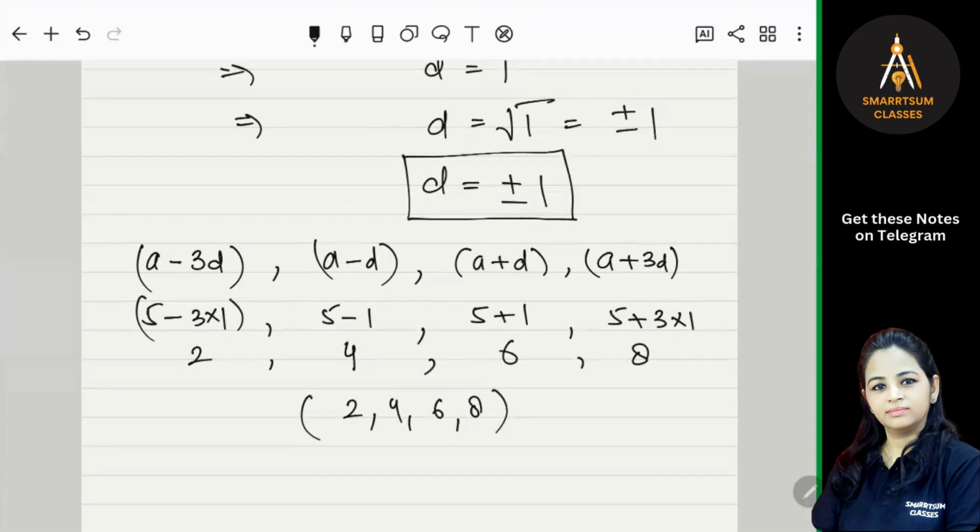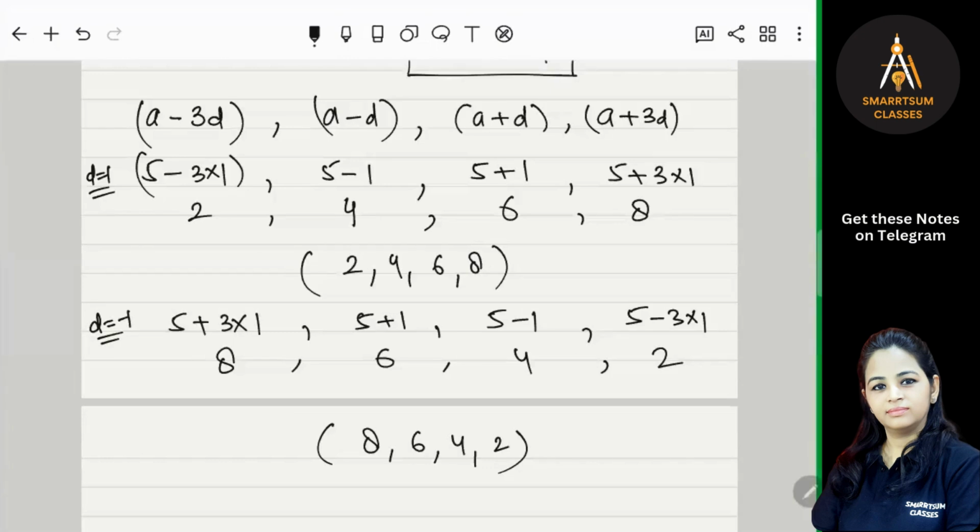Now, this is for d is equal to 1. Now, for d is equal to minus 1, 5 plus 3 into 1, that is 8. So we will get 8, 6, 4, 2. So just write down the values.